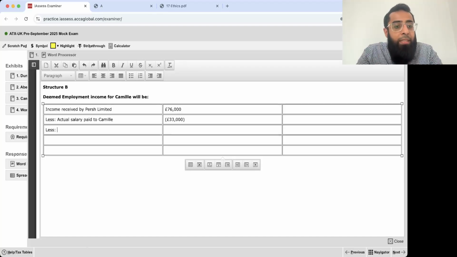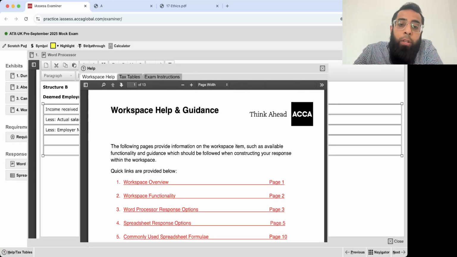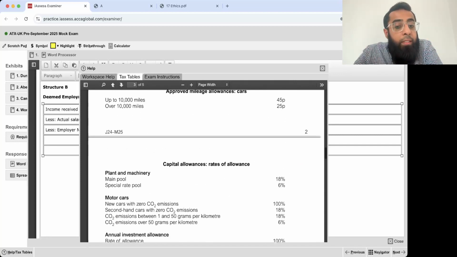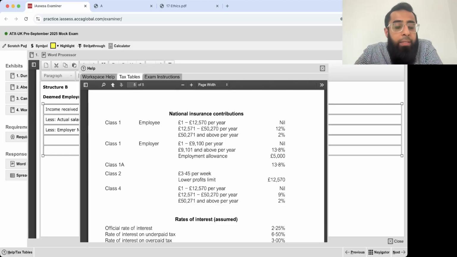Okay, less employer NIC on actual salary paid to CAMLA. Now on this actual salary paid, you will calculate employer NIC. I hope you all remember the tax rates. On first 9,100 pounds, it's 0% and then it is 13.8%. Okay, the class 1 employer NIC rates. Up till 9,100, it's 0% and then it is 13.8%.